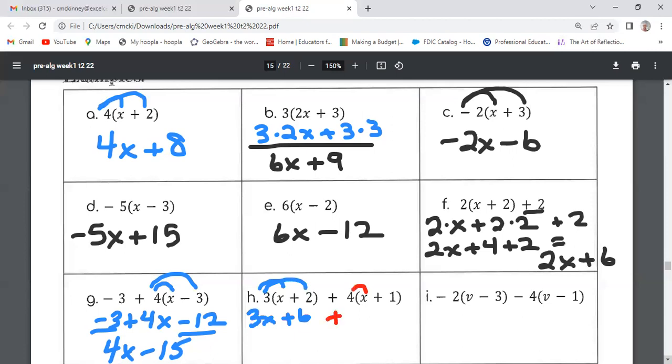So it's positive, so plus 4x. And 4 times 1 is plus 4. Now our parentheses are gone. And so now we need to combine our like terms. So the 3x and the 4x make 7x, and then the plus 6 and the plus 4 makes plus 10.